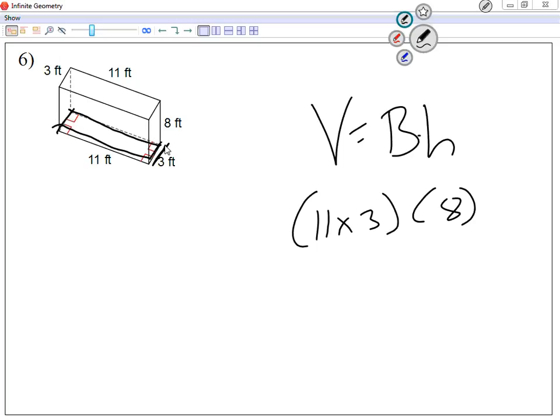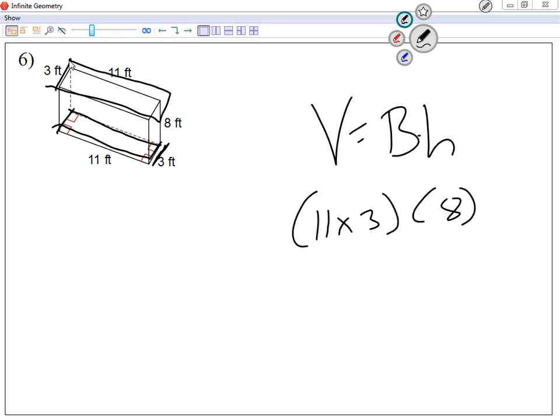The 3 is part of the rectangle. Just as a little thing, Lacey, remember, there's two bases.